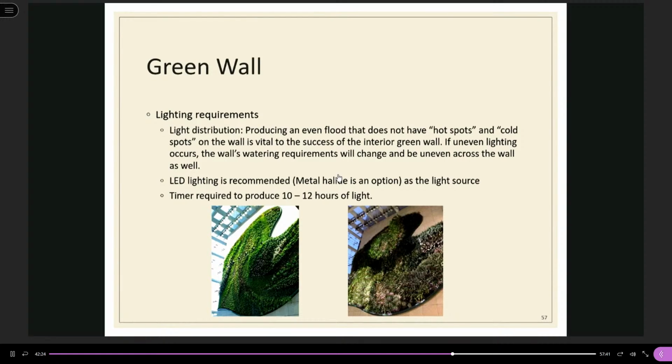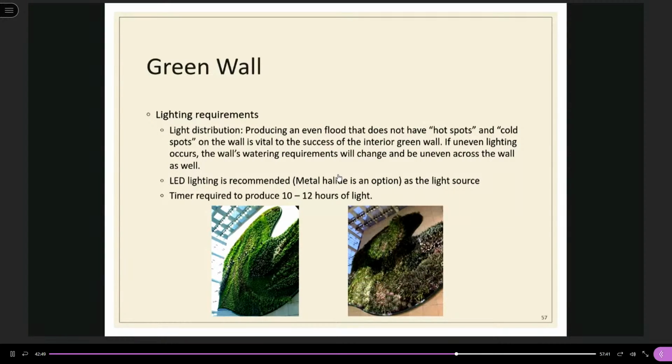When the lighting system is not uniform, somewhere very bright, somewhere very dark, then the very bright part will be hotter because you have more light, right? So hotter, and water will evaporate faster.